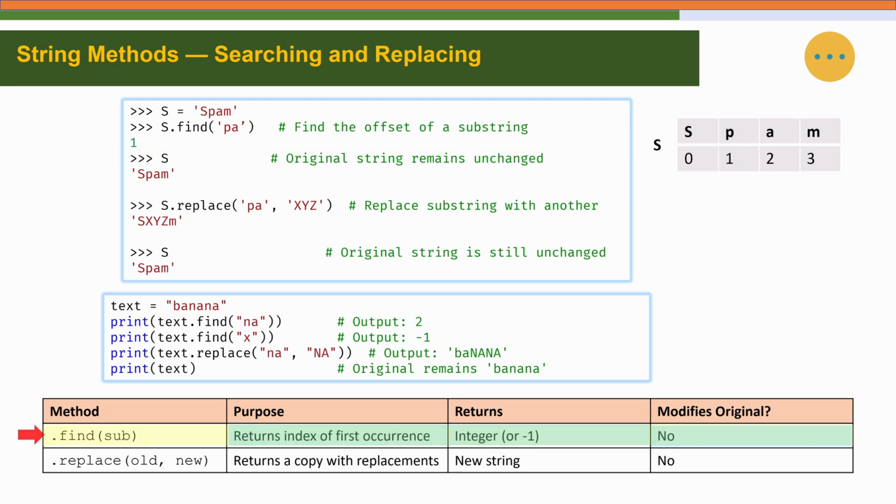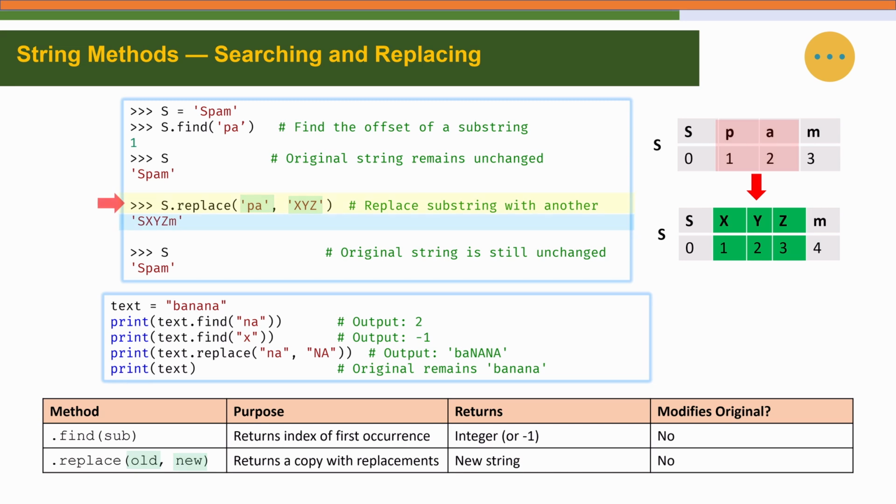Next we have the replace function, which creates a new string by replacing one substring with another. When we write s.replace, Python scans the string, finds the substring PA and builds a new string that is SXYZM. Notice again that the original string hasn't changed, it is still spam. This behavior enforces that strings are immutable. Both find and replace return new values without modifying the original object.